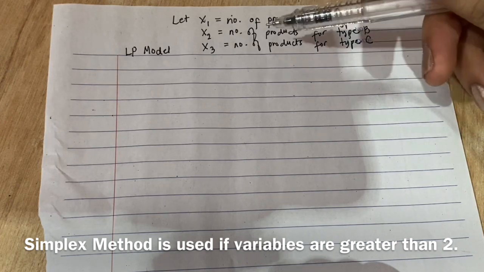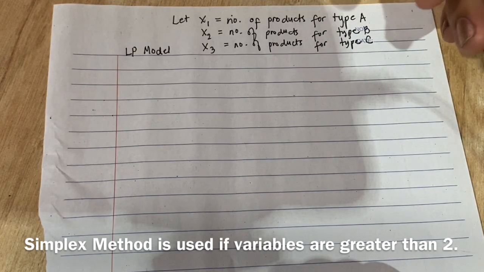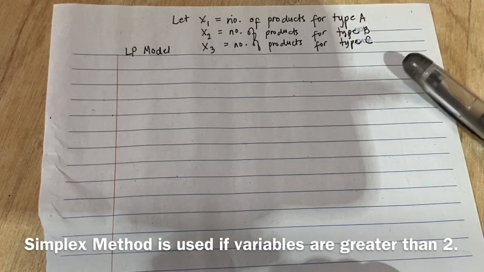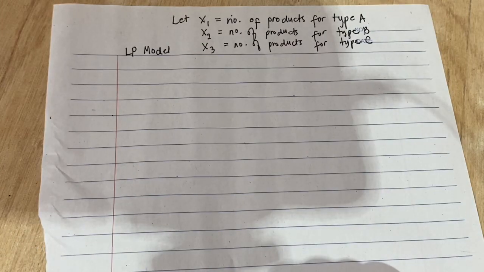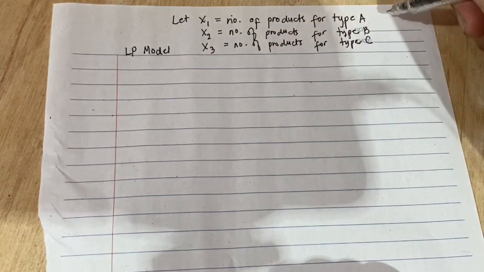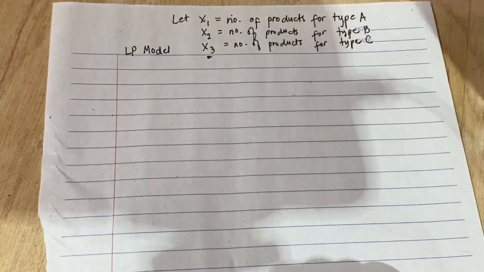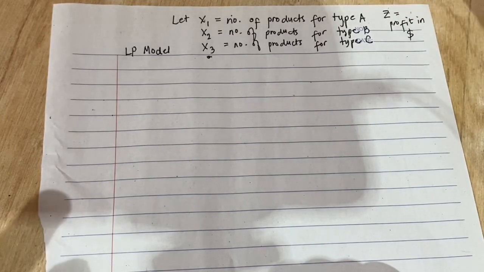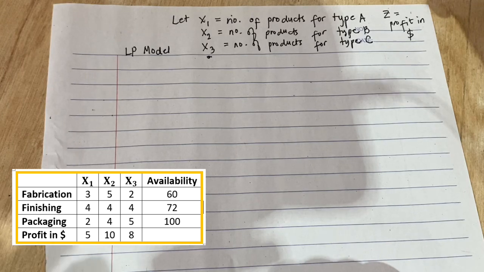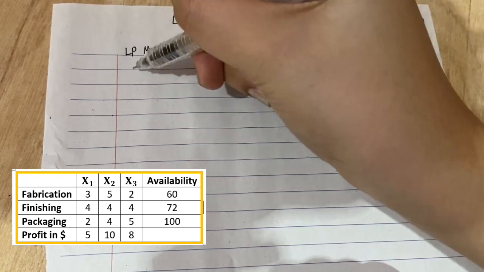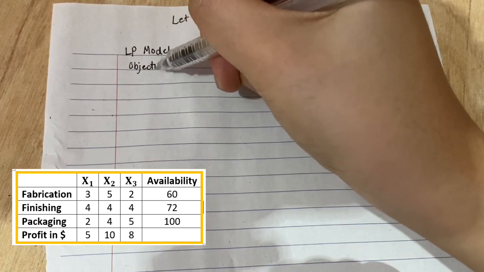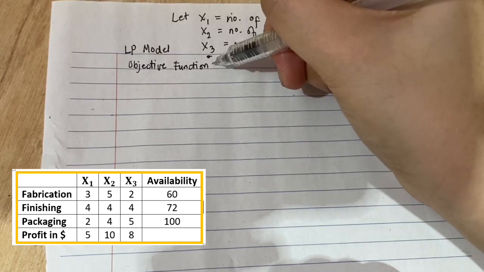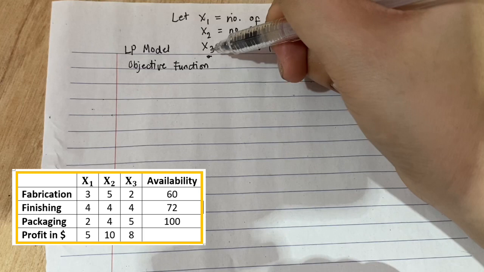Okay, as seen in your courseware, you have the table guide for your constraints and objective function. Of course, the very first part, and don't forget your z, let's place here z as your profit in dollars. Based on the table, your objective function always comes either in maximization of profit or minimization of cost.